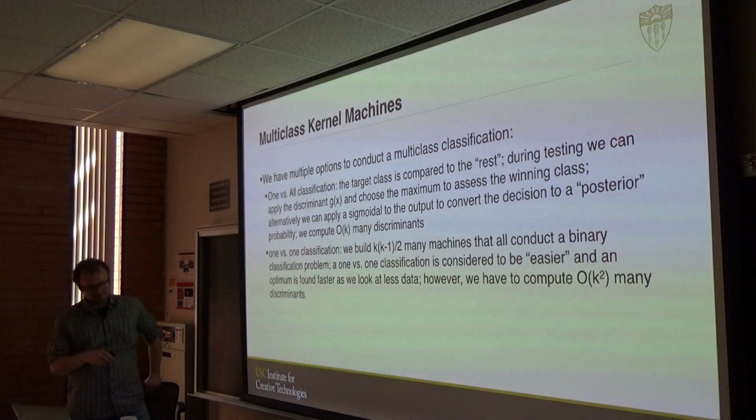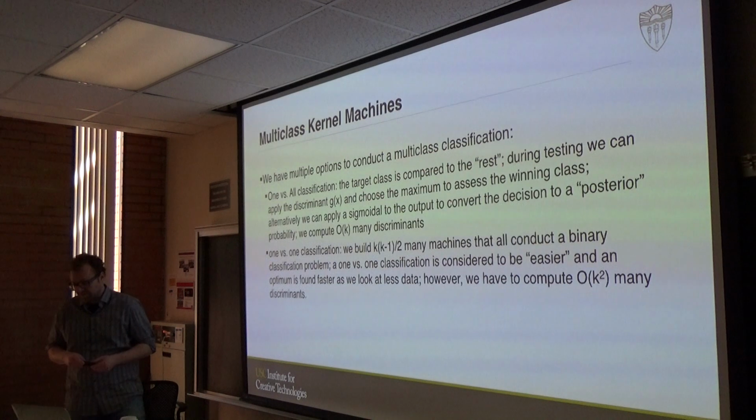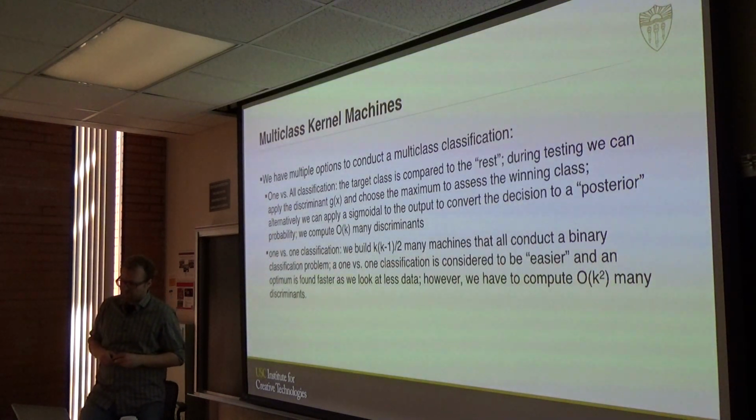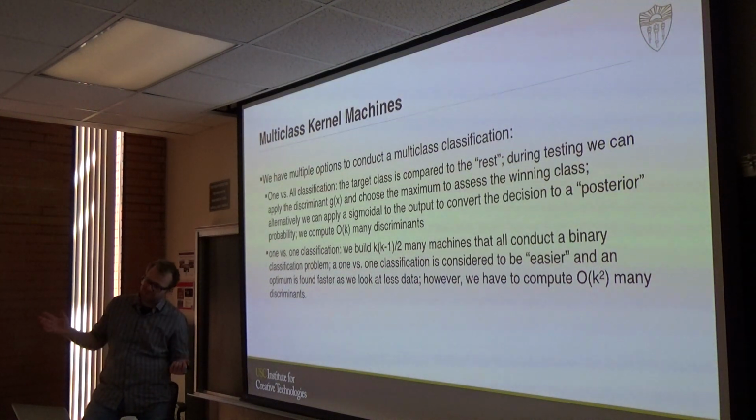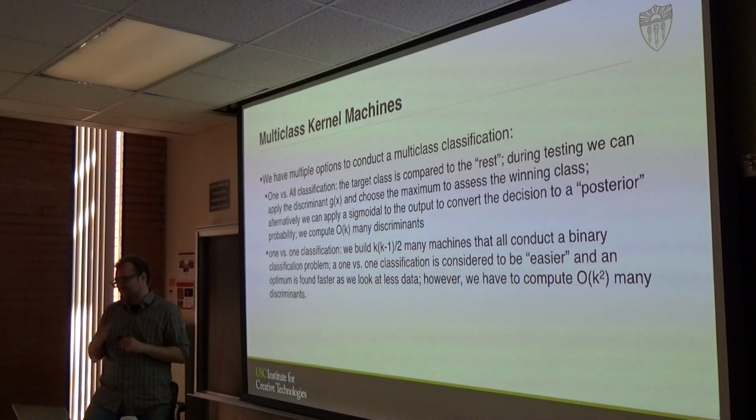So support vector machines are great for a certain kind of problems, but the moment that these problems explode with respect to number of classes and number of input data, support vector machines become less and less viable.